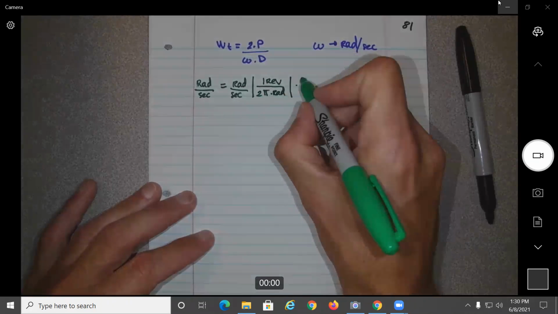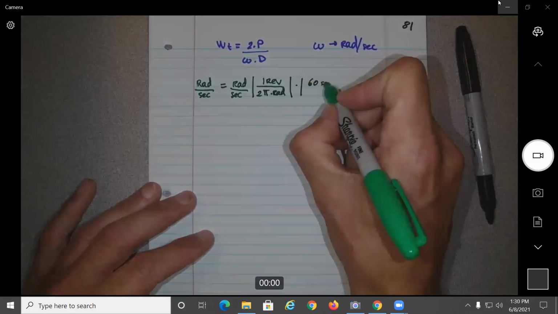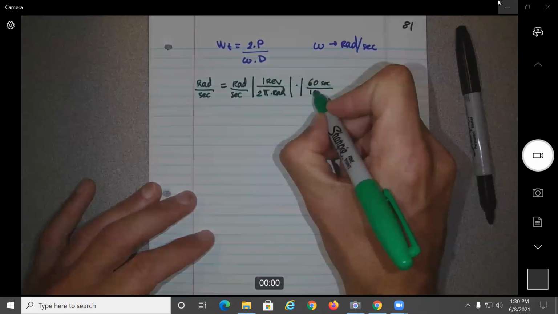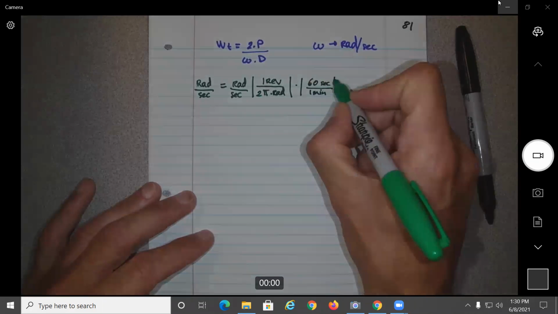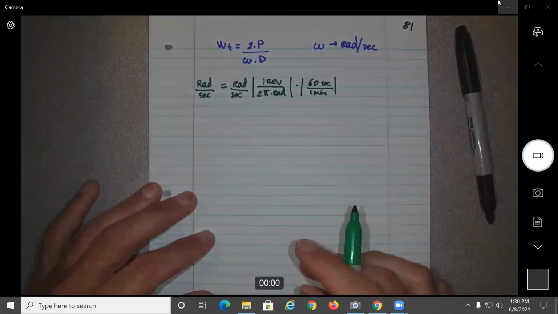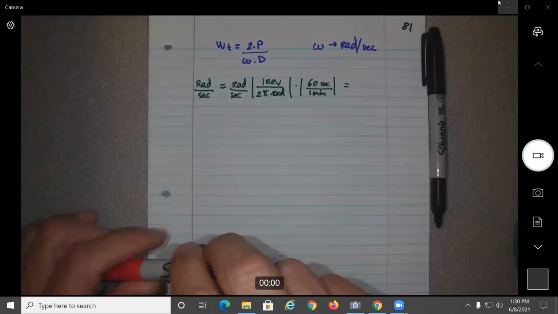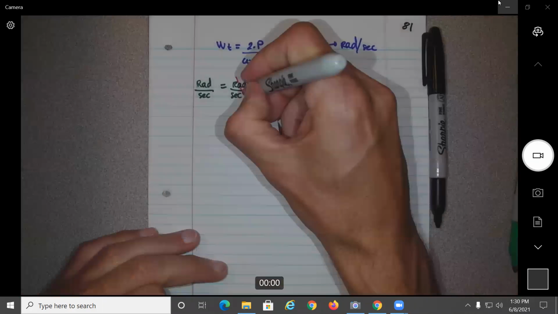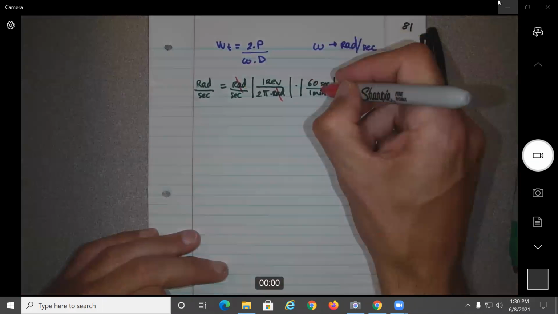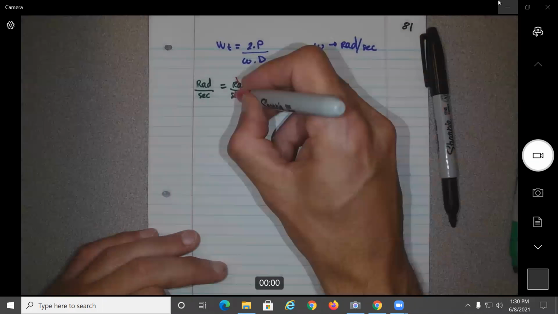And then we know there are 60 seconds in 1 minute. So let's see, this will give us what? You see all these units will cancel out, radians, seconds, and we are left with revolutions per minute.